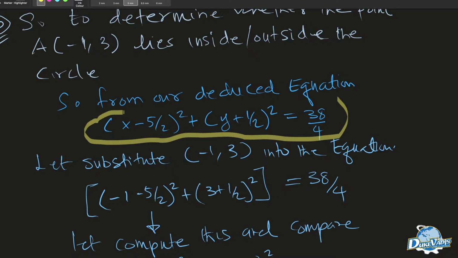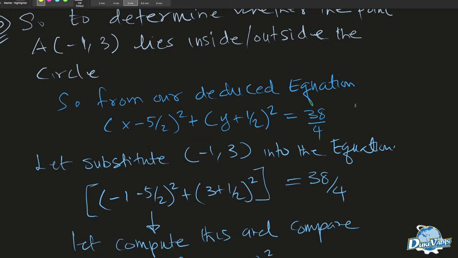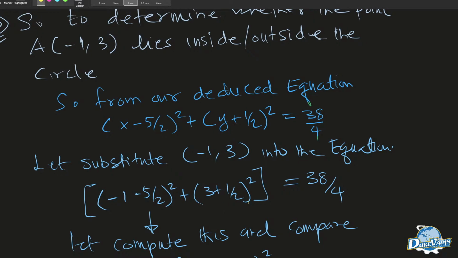All we have to do is substitute this point into this equation, and if the left-hand side is greater or less than the right-hand side, that is where we can conclude. So when we put negative 1 here, we are going to get negative 1 minus 5 over 2 squared, and for the 3 here, we are going to get 3 plus half squared.